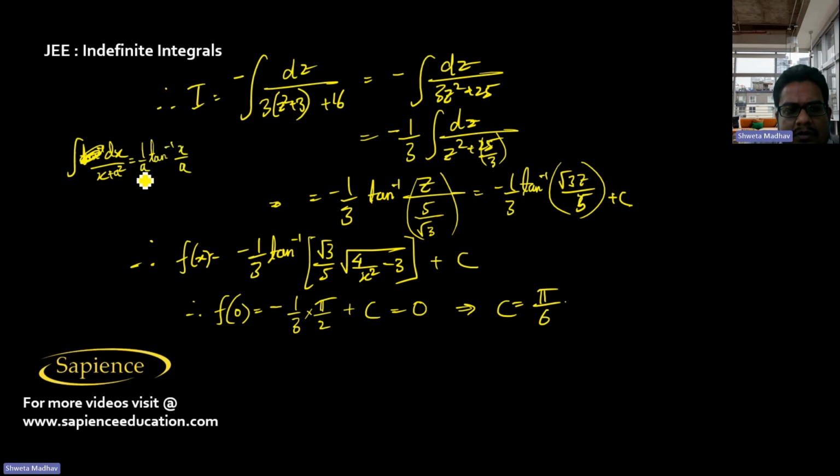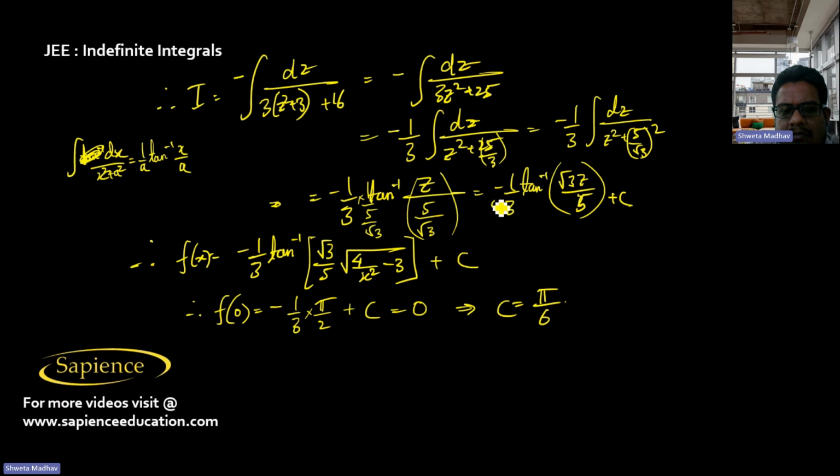But here we didn't do this 1 by a. So this will be 1 by 3 into this, actually it is minus 1 by 3 integral dz by (z square plus (5 by root 3) whole square). So this is 1 by a, so I will do 1 by (5 by root 3).